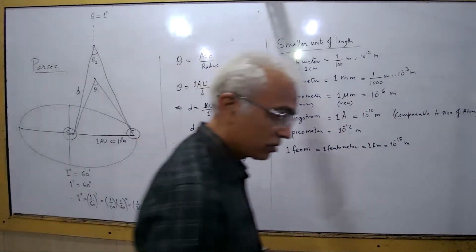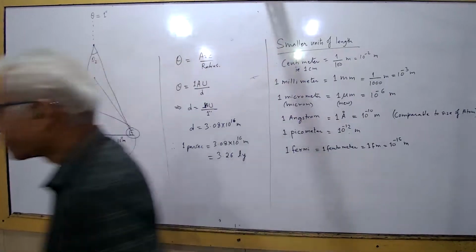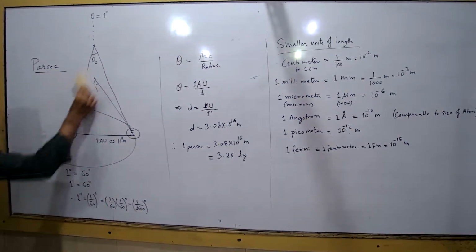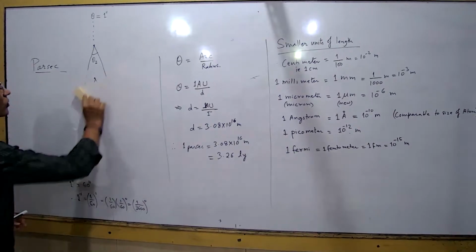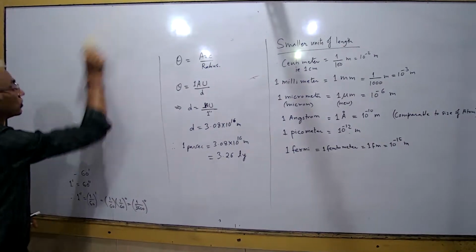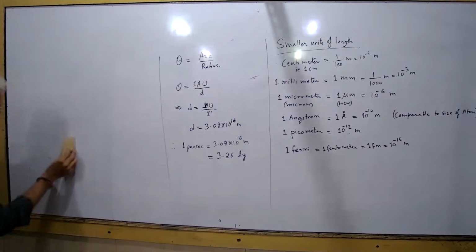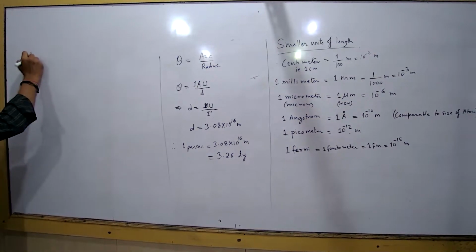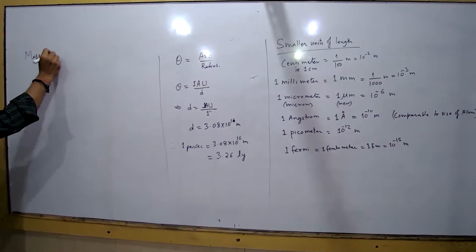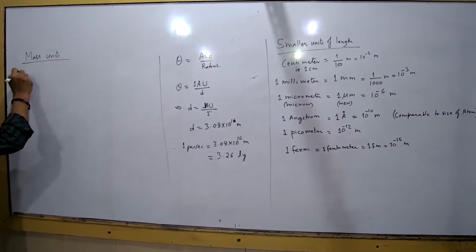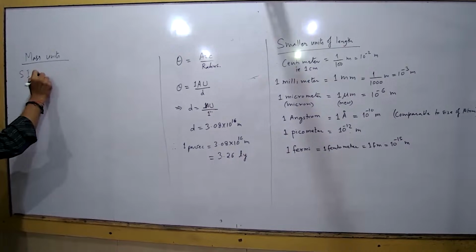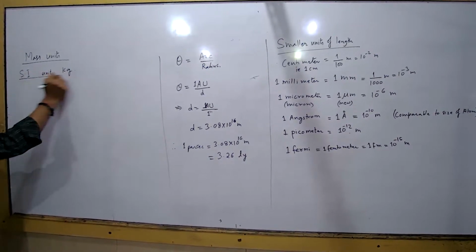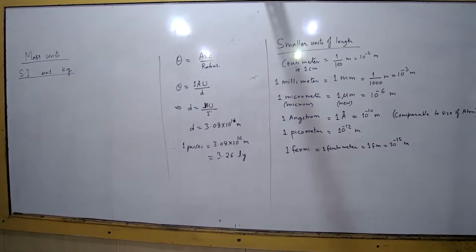So let's go to mass units. Mass also has bigger and smaller units. The SI unit of mass is kilogram. But there are many masses which are very small.